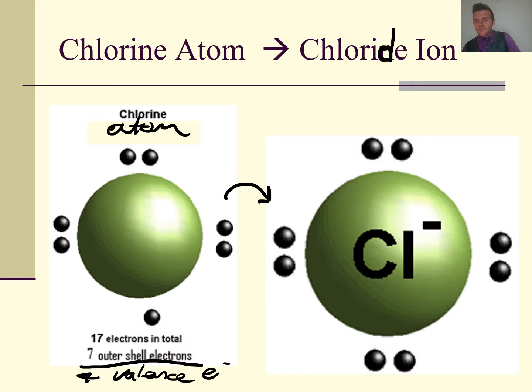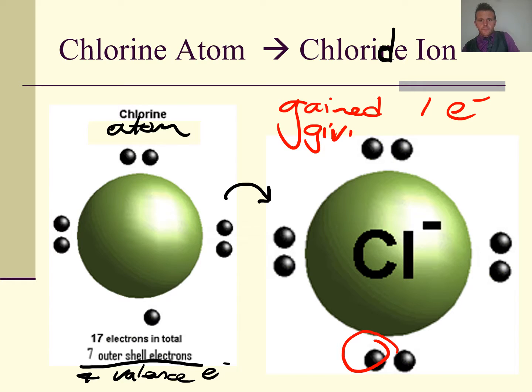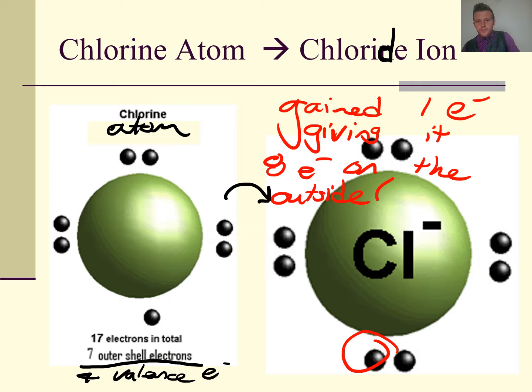We can see that because this chlorine has gained 1 electron, giving it 8 electrons on the outside. This is called an octet. I will explain this in the next slide. I'm just trying to preview this coming up. So now, since it's gained 1 electron, that means it has 1 more electron than protons, which means it's now negatively charged.